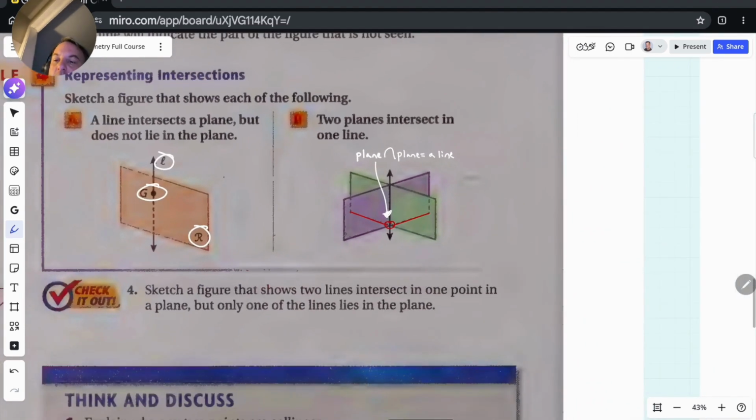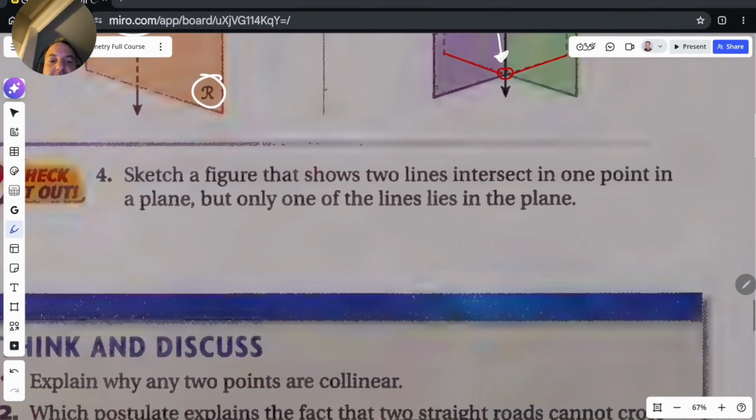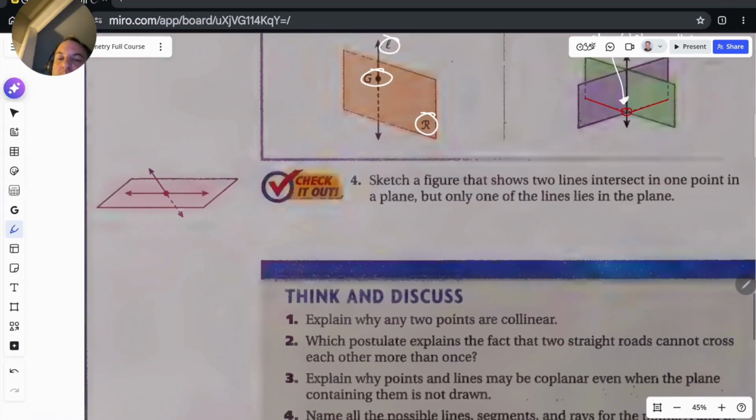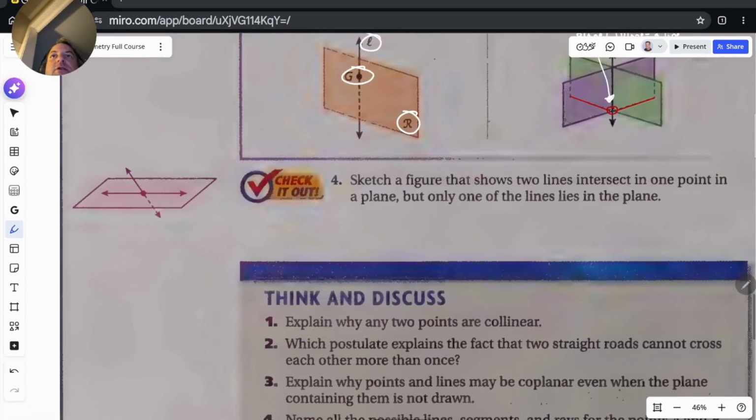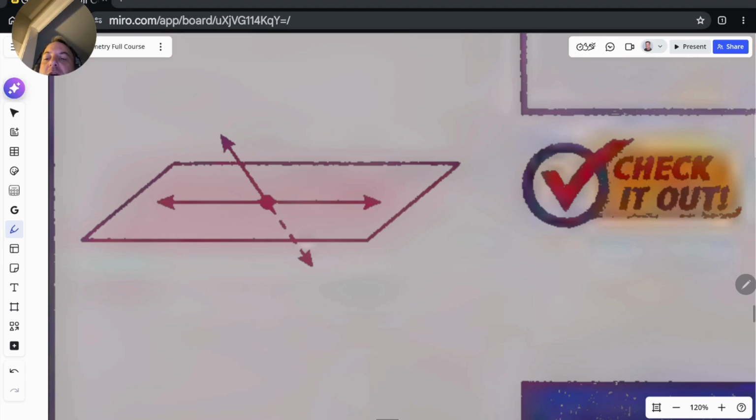Now let's go to our check it out part. Sketch a figure that shows two lines intersect in one point in a plane, but only one of the lines lies in the plane. Here we can go over a little bit to the right. So only one of those lines lies flat on the plane. Let's zoom in a little bit. So here's our flat parallelogram.